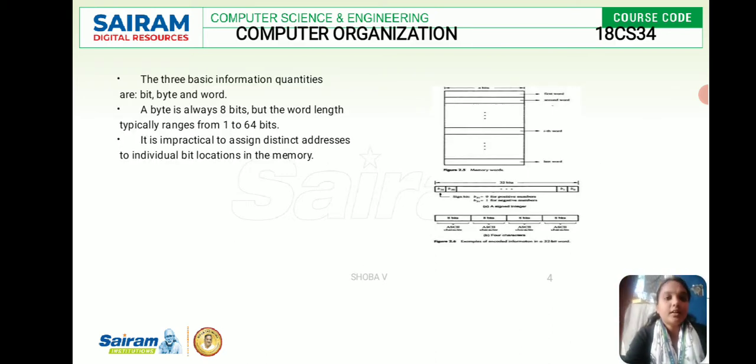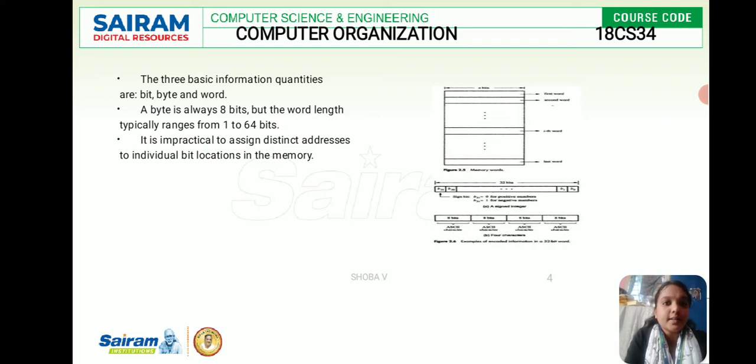The three basic information quantities are given here, and we need to know byte addressability. A byte is always 8 bits, but the word length typically ranges from 16 to 64 bits. In byte-addressable memory, successive addresses refer to successive byte locations in the memory. So byte locations have addresses 0, 1, 2.